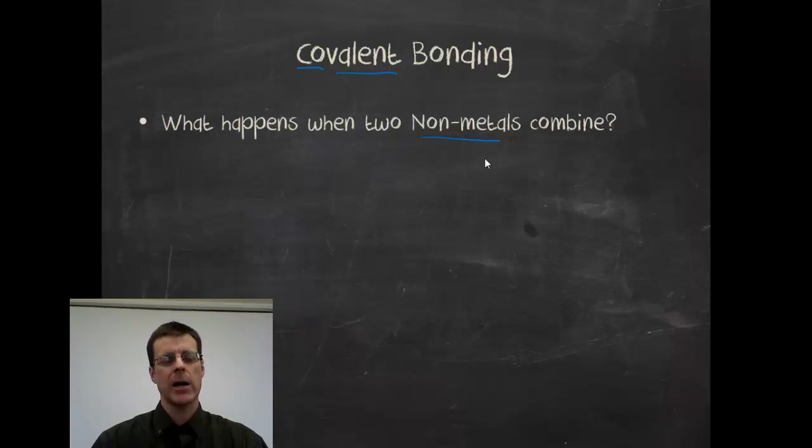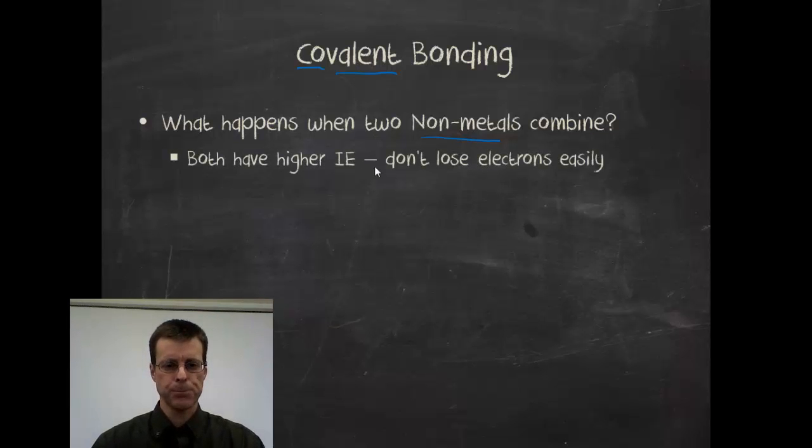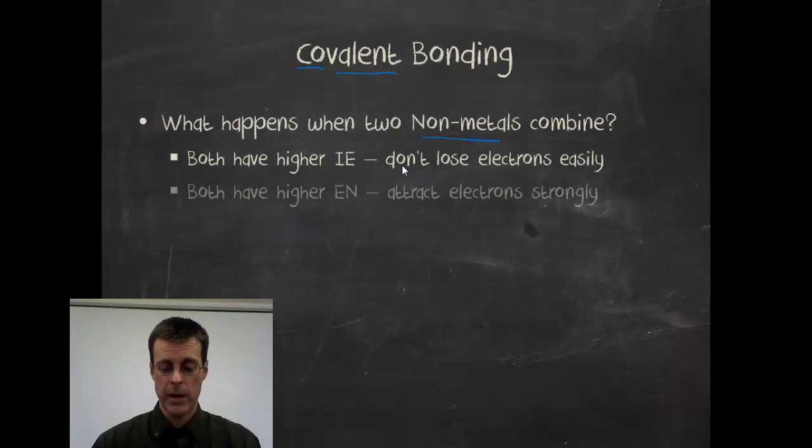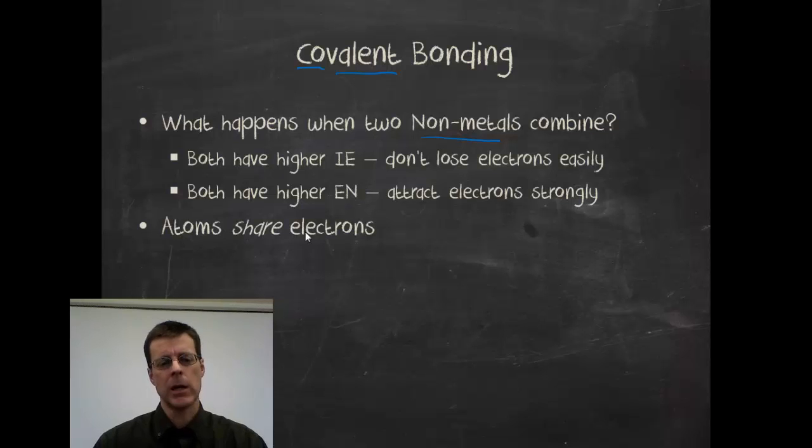Now, if we back it up and think about nonmetals for a minute, both nonmetals are going to have a fairly high ionization energy, which means they don't lose electrons all that easily. They're also going to have a higher electronegativity, which means they both are doing a pretty good job of attracting electrons. So neither one wants to give them up. Both of them want to attract them. So they end up sharing the electrons.